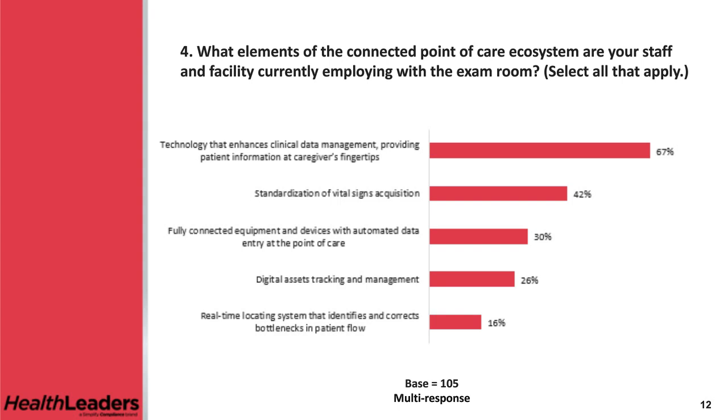Looking at real-time locating system that identifies and corrects bottlenecks, 22% of the for-profit folks said they were using that, whereas for nonprofit it was half, 11%. So it might simply be a matter of these systems are expensive, or perhaps they're viewed as a luxury. I'm not sure, but there is a difference between for-profit versus nonprofit, with the for-profits participating more highly.